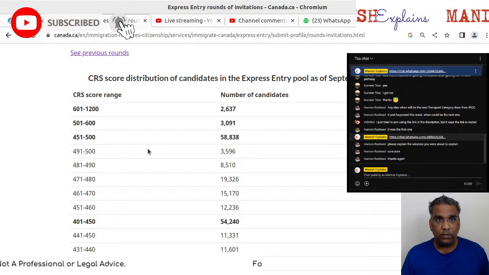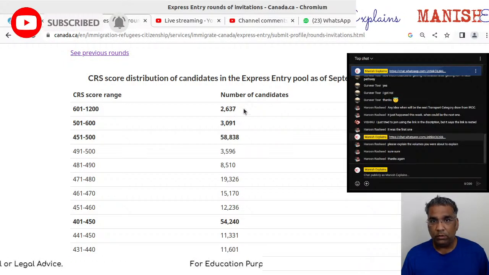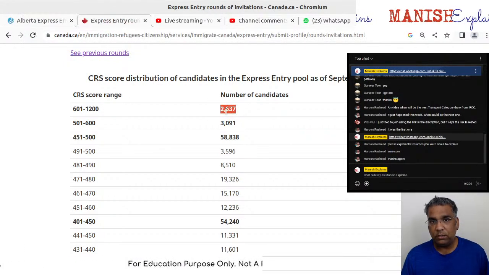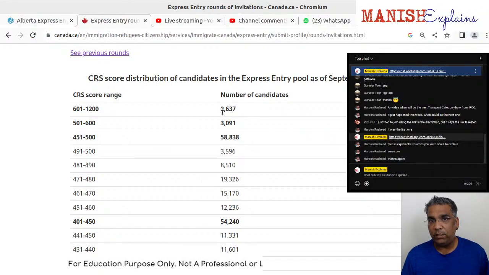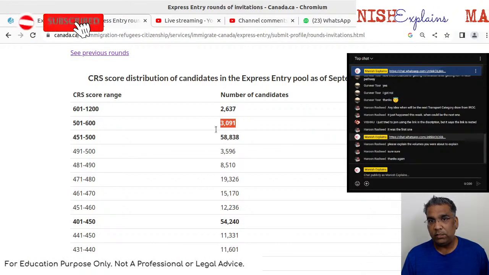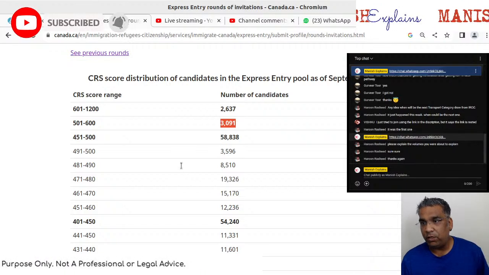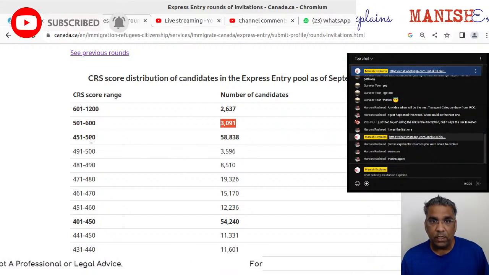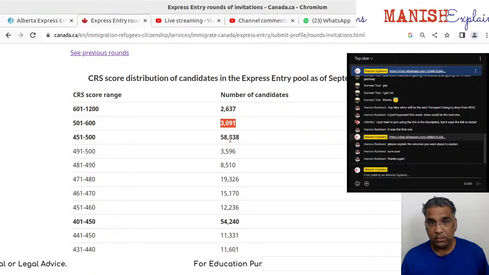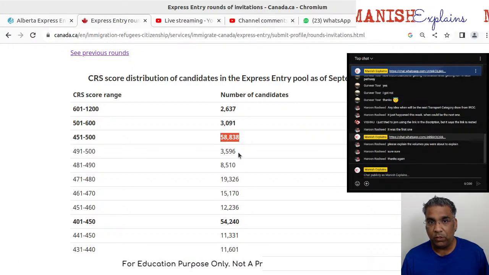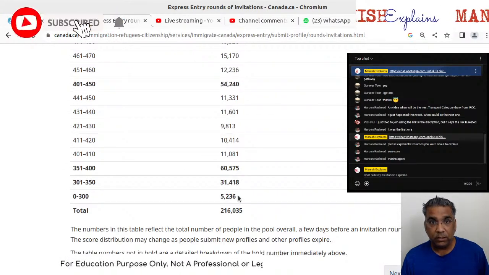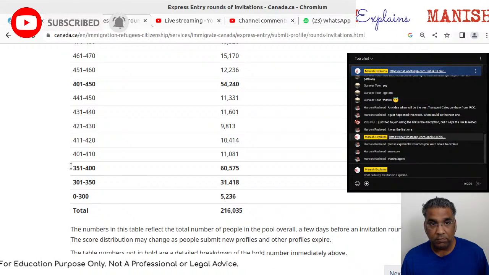So look here. Out of 3,200 applications, 620, all of these must have got their nominations, and after this, the remainder would have got nominations here. The biggest pool is in fact here, 351 to 400.